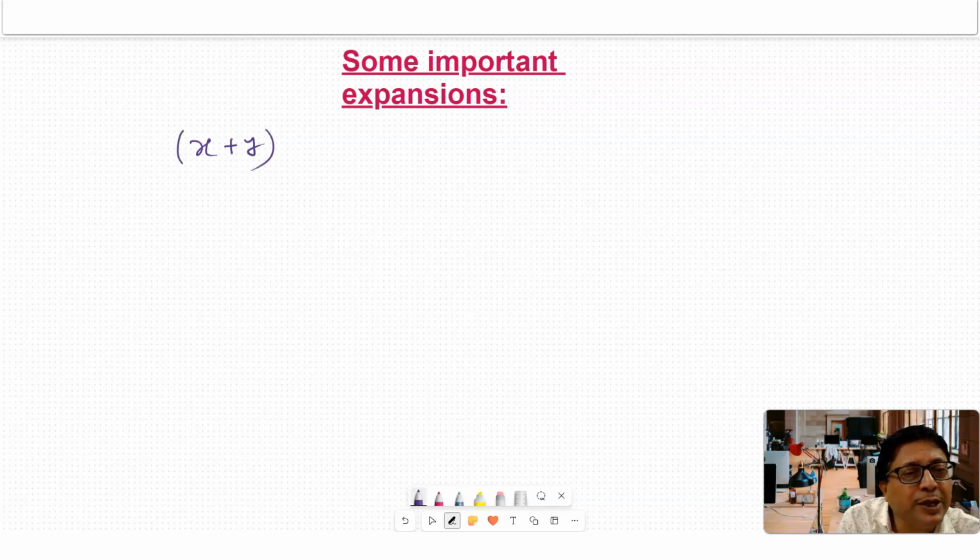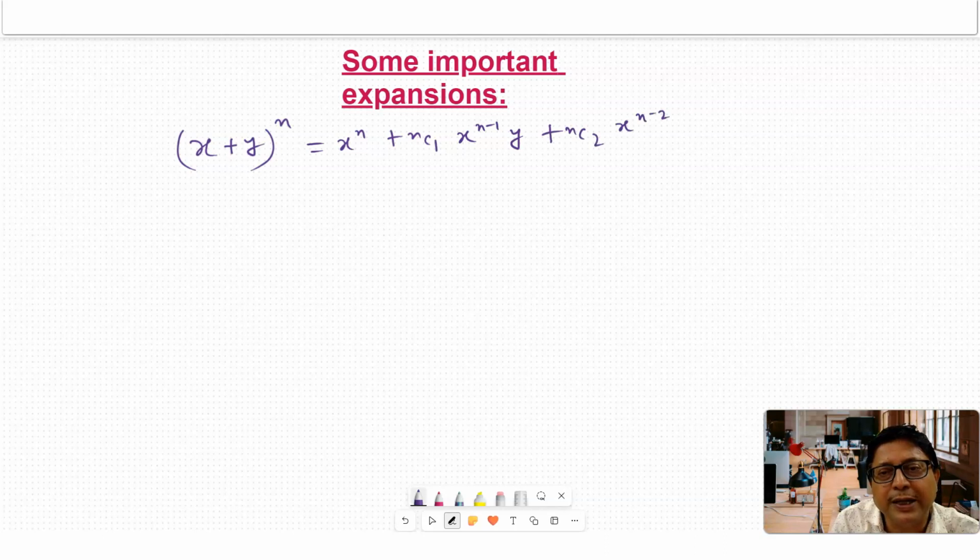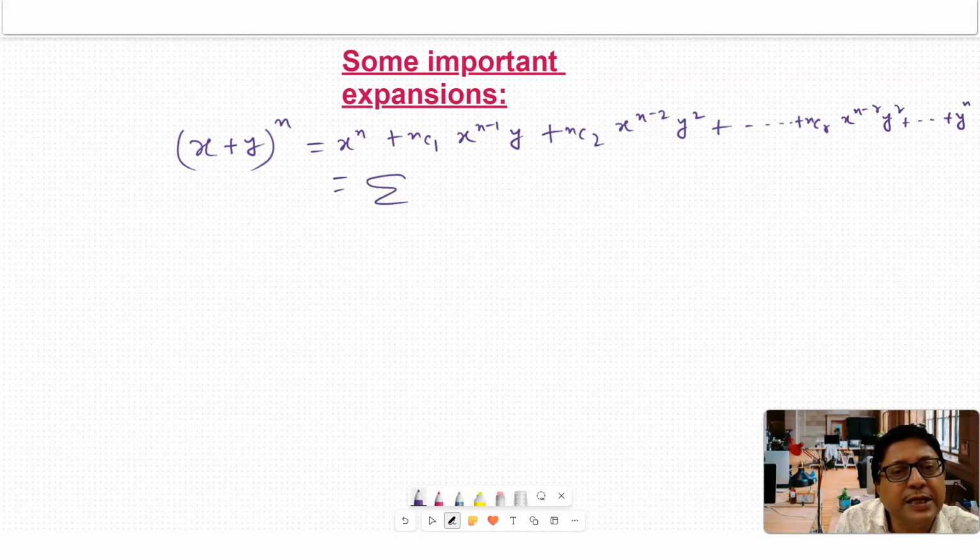Okay, I keep x plus y to the power n in front of you, rewriting it once more. x to the power n, plus nC1 x to the power n minus 1 y, plus nC2 x to the power n minus 2 y square, plus nCr x to the power n minus r y to the power r, plus y to the power n. I told you this can be written as sigma r equal to 0 to n nCr x to the power n minus r y to the power r.